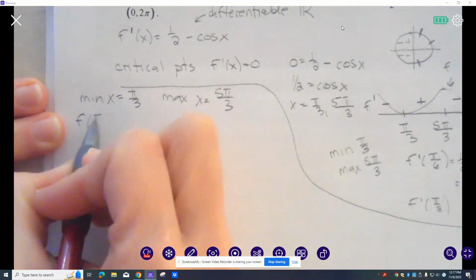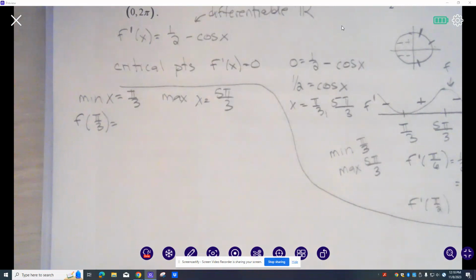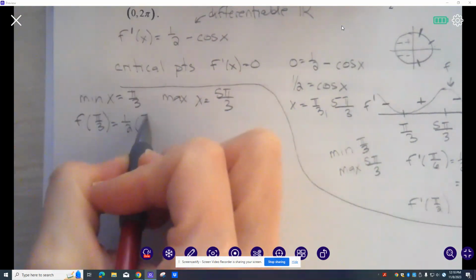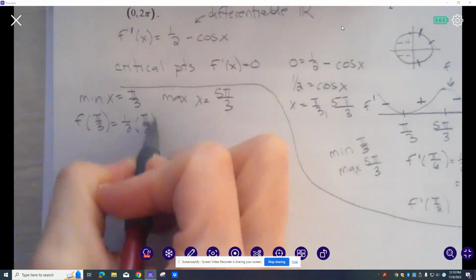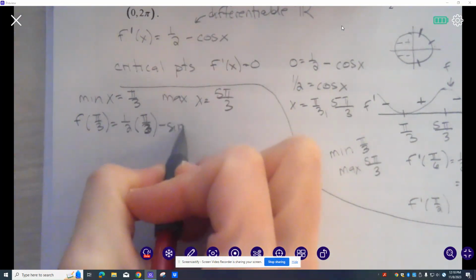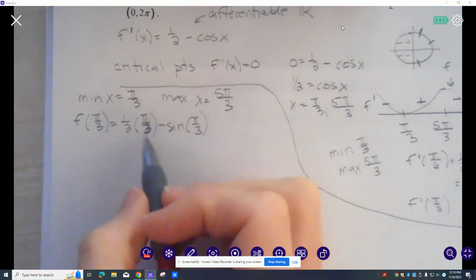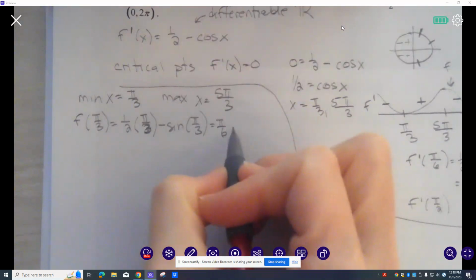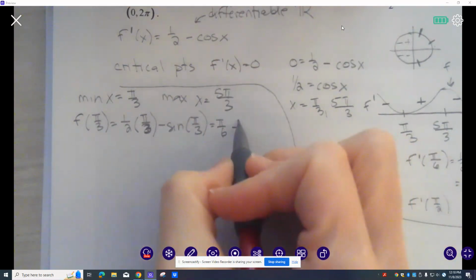To find the y value, I'm plugging into my original function, 1/2 x minus sine of x. So this is going to be 1/2 times x, which is pi over 3, minus sine of pi over 3. So this is going to be pi over 6 minus sine of pi over 3, which is square root of 3 over 2.